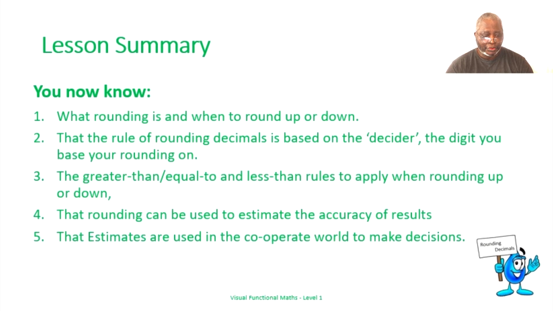You now know you can either round decimals up or leave the digits as they are if the decider is less than 5. You know that rounding can be used to estimate the accuracy of results. You know that estimates are used in the corporate world to make decisions. Corporate world basically is in the office.